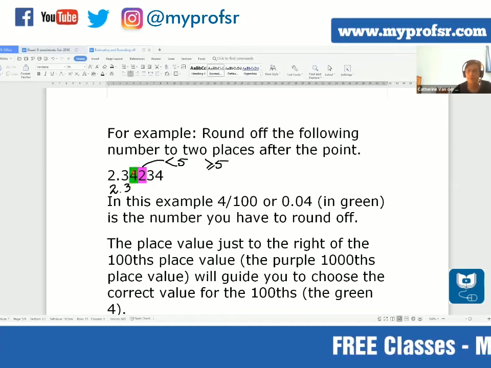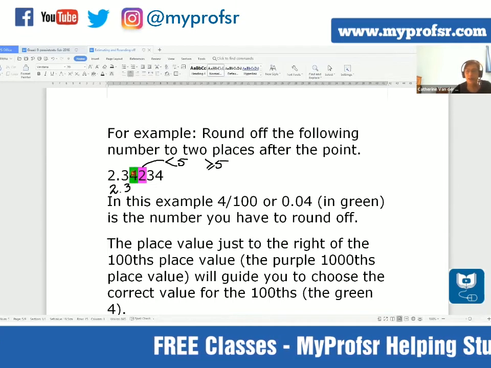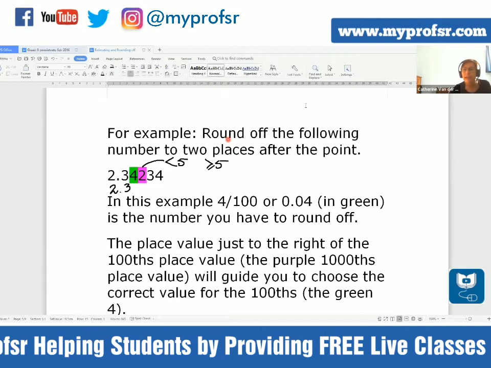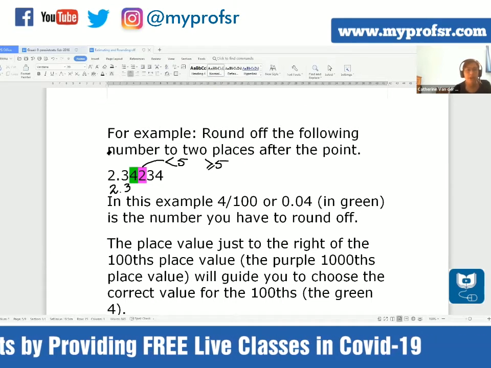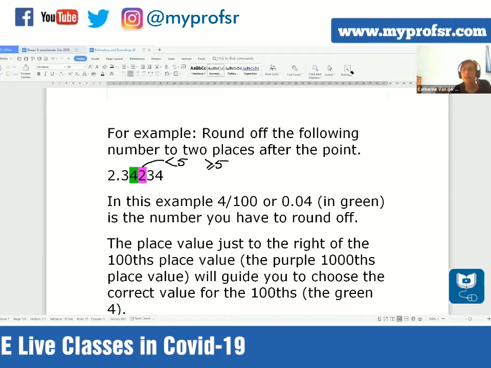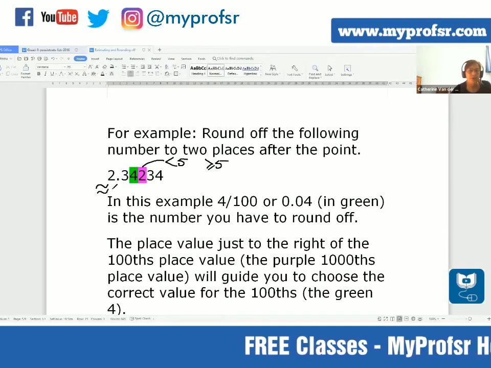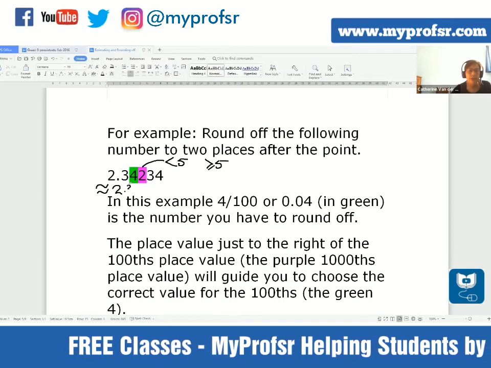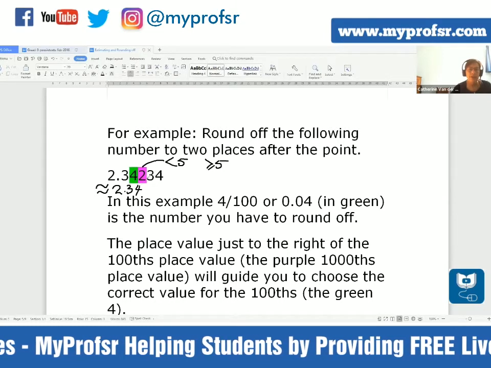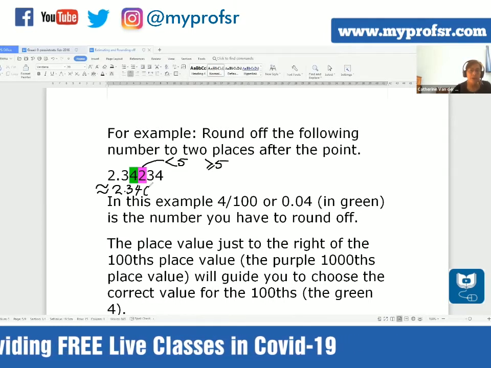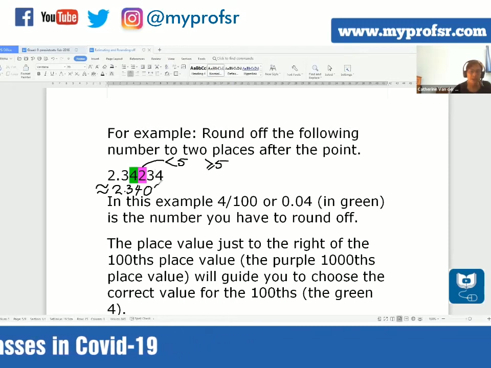round off. I see that there's an answer from P. I can't see your name in full, but your answer is 2.34. Thank you. So you can see that for the purple placeholder just becomes 0, the 3 becomes just 0, and the 4 becomes just 0.